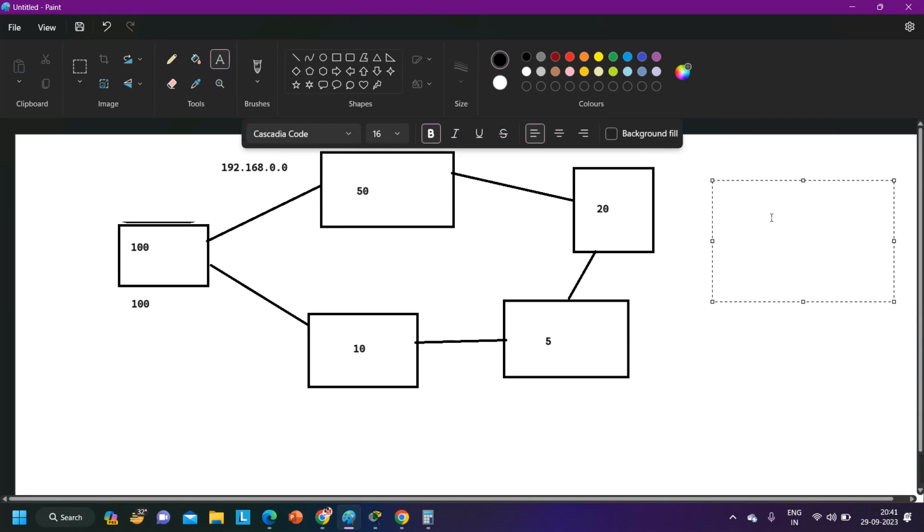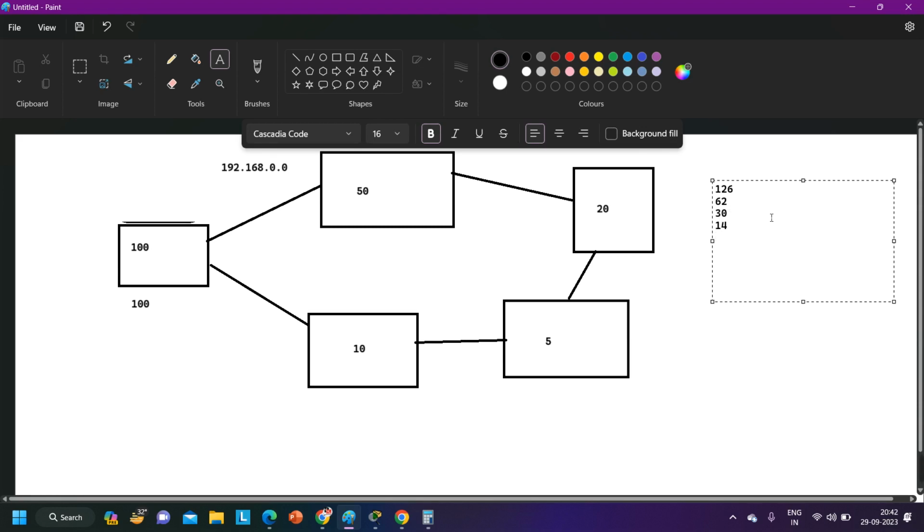Tell me, if you divide a class C network into two parts, in each part how many valid IP addresses will there be? 126. If you divide a class C network into 4 parts, what will be the valid hosts? 62. If you divide into 8 parts, how many valid hosts will you get? 30. If you divide into 16 parts, 14.